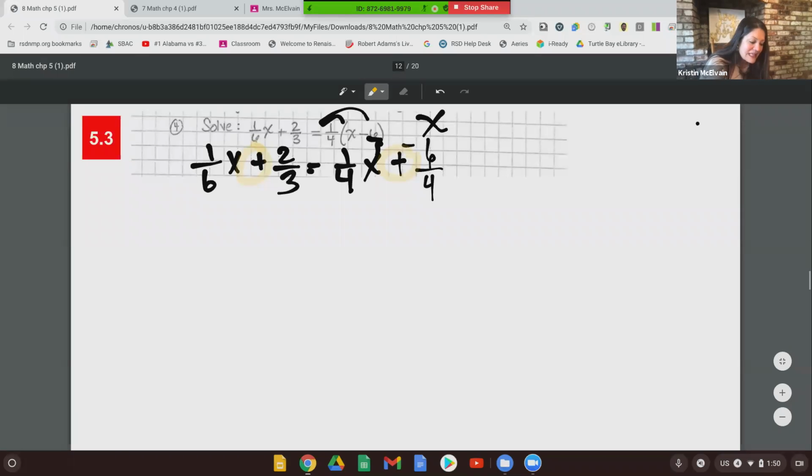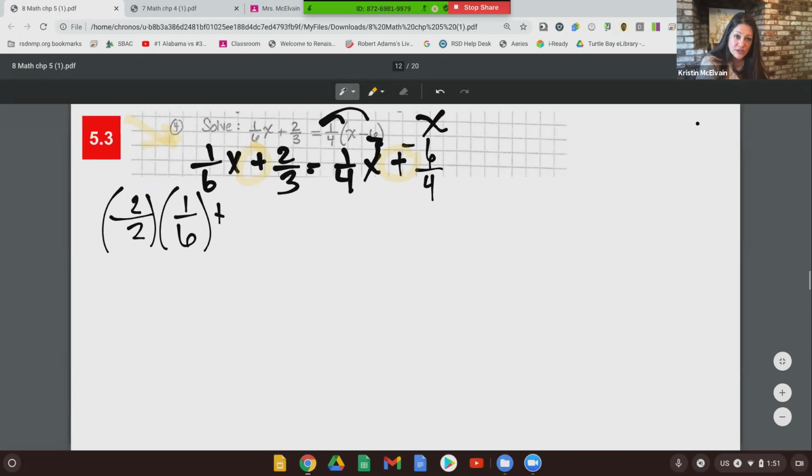So we need to multiply each thing by 1, and that's going to be a fraction. So to get a denominator of 12 for this first one, I need to multiply it times 2/2. So I'm just going to write this again. So 2/2 times 1/6 plus, now to get 2/3, we need to get that 3 to a 12, we have to multiply it times 4. So we're going to do times 4/4.